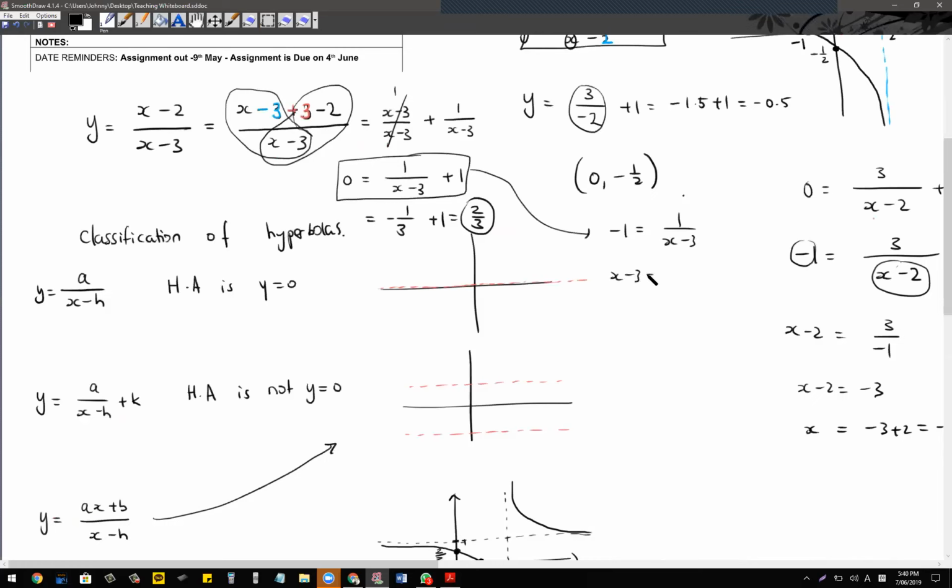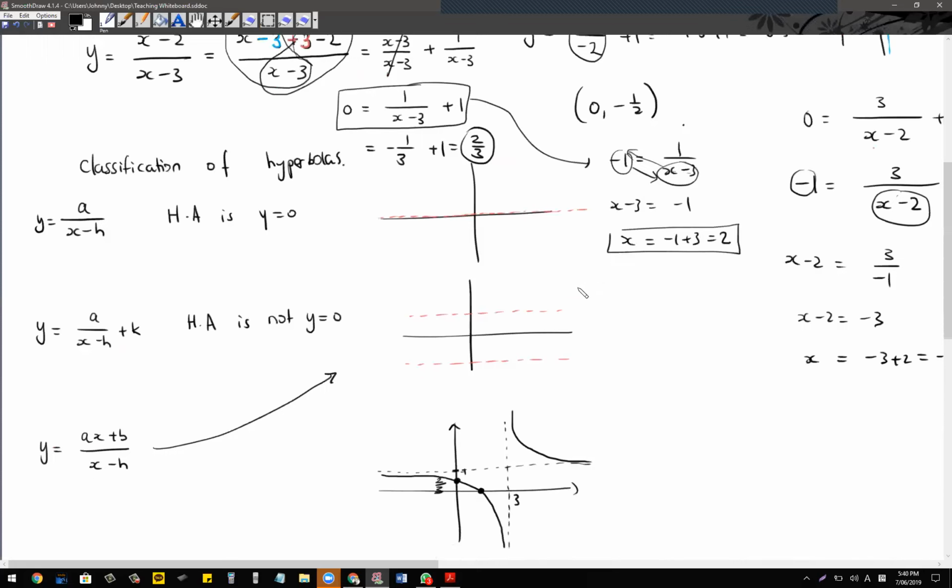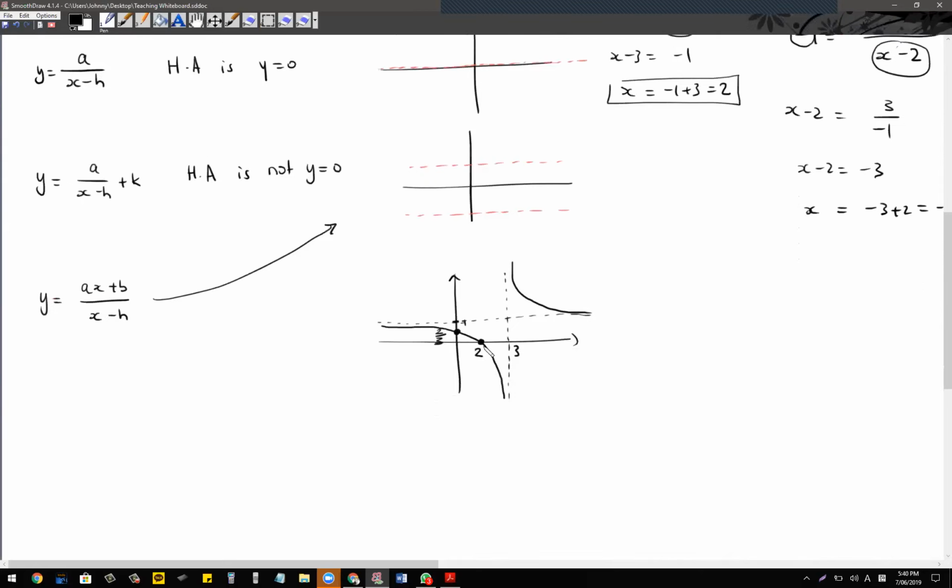So x minus 3 equals negative 1, because you move that one there. 1 divided by negative 1 is negative 1. X minus 3 just goes over there, and this is equal to negative 1 plus 3. So this is equal to 2, so x is equal to 2 here.